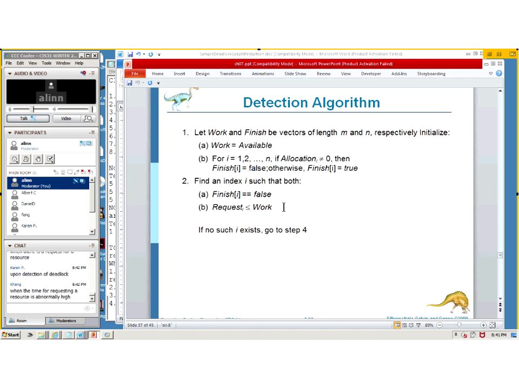Any other thoughts? But Karen, this is the algorithm to run to detect the deadlock. But how do you know when it happens unless you run the deadlock algorithm?